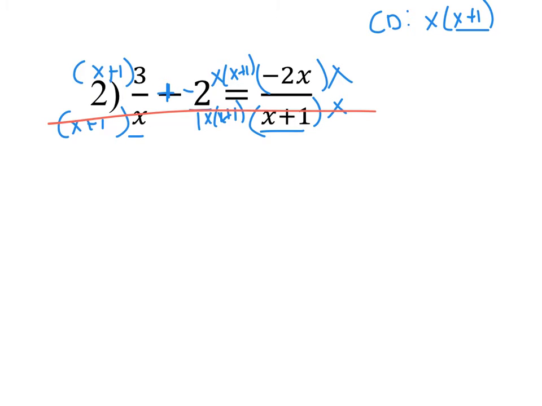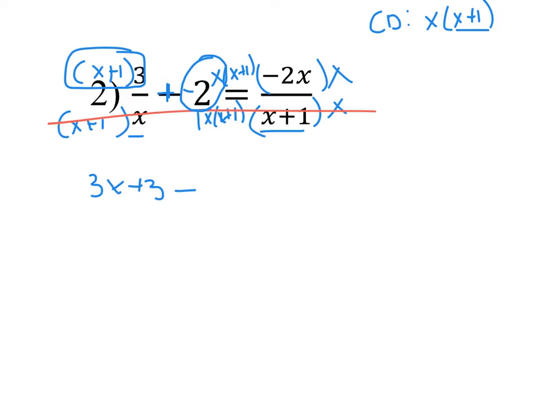And now we just do the multiplication. So here, or I'll write it out. So it's 3 times x plus 1, so it's 3x plus 3. This is negative 2x. Now these two are multiplied together, so we take negative 2x and multiply it times the x. So it's negative 2x squared. And then it's negative 2x times, maybe it'd be a good idea for me to actually show that.